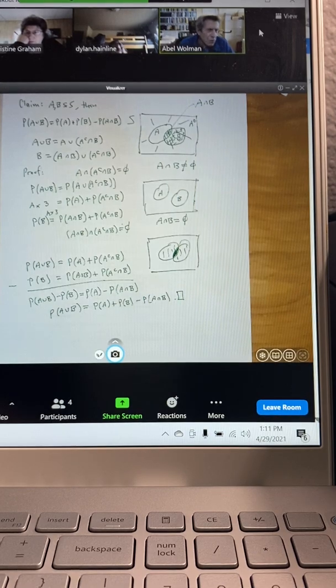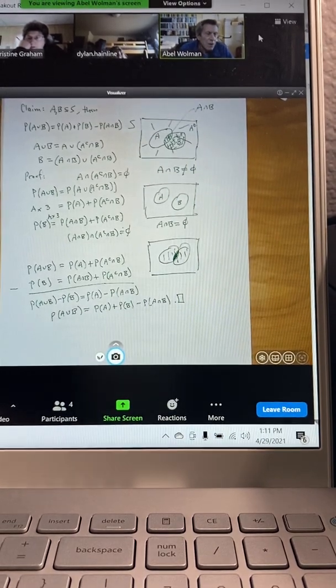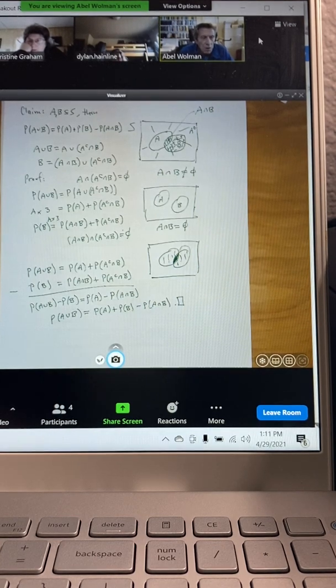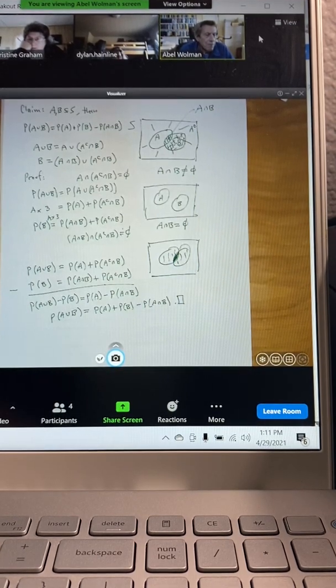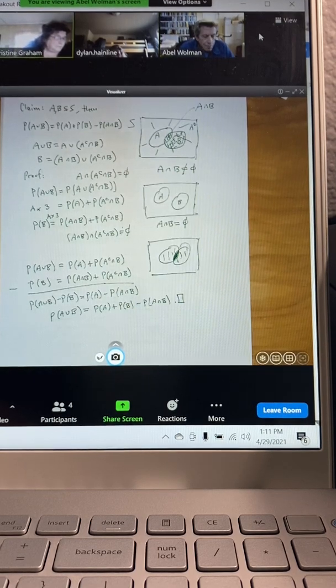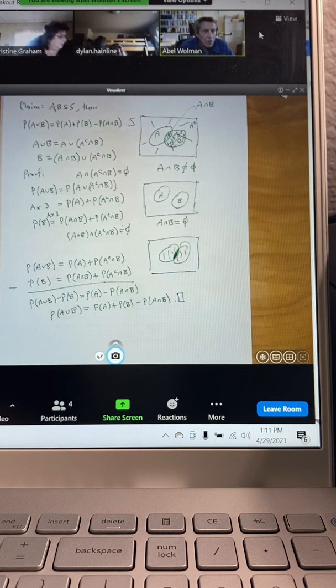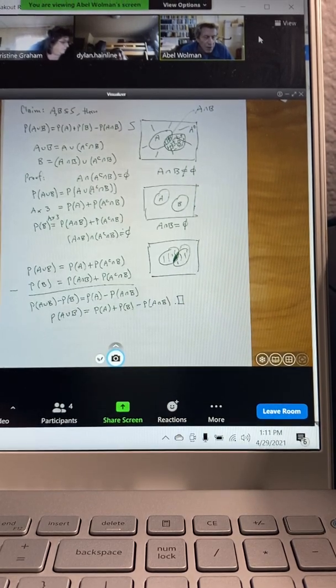This is sort of special to probability theory. And it's not something that you can see in a Venn diagram. Oh. I have difficulty visualizing what this would mean in a Venn diagram.